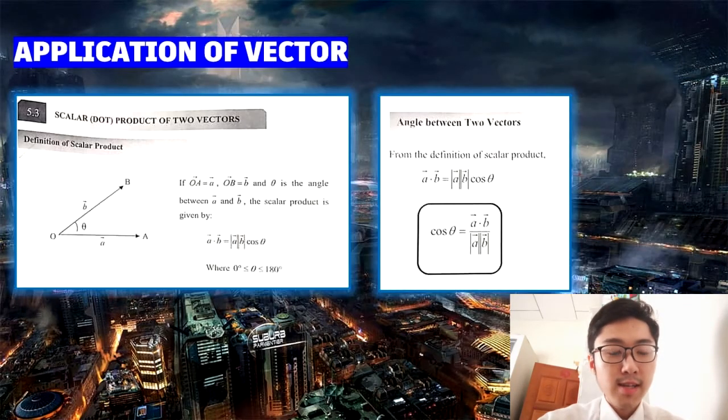If OA equals A, OB equals B, and theta is the angle between A and B, the scalar product is given by A dot B equals |A||B| cos theta. Then to find the angle between two vectors, we use cos theta equals A dot B divided by |A||B|.